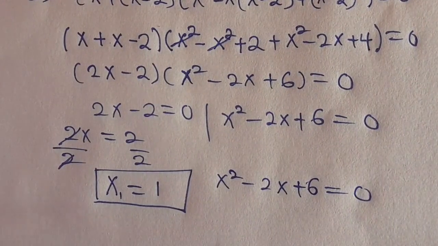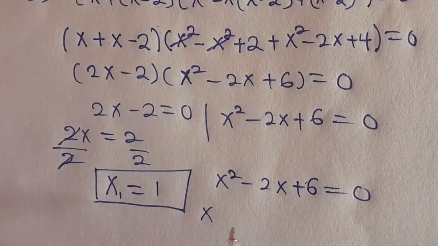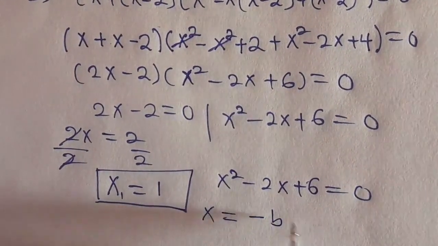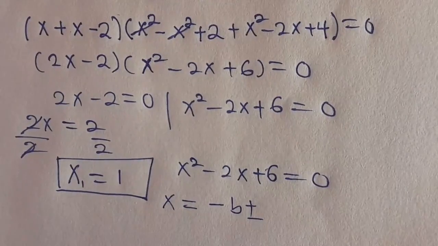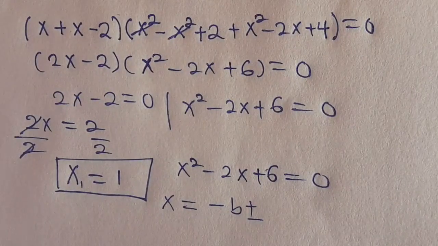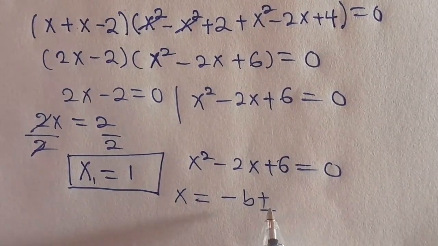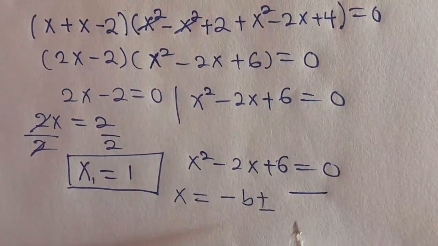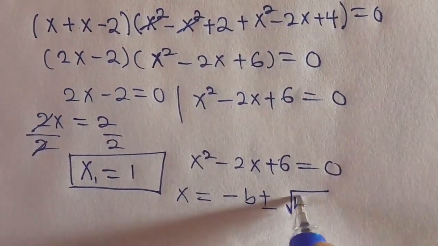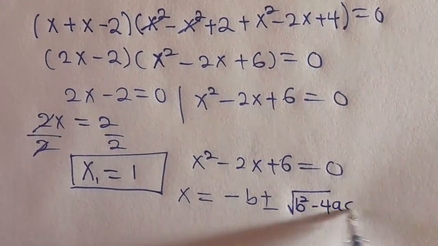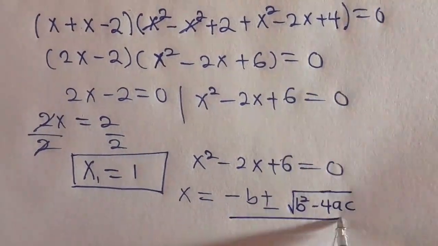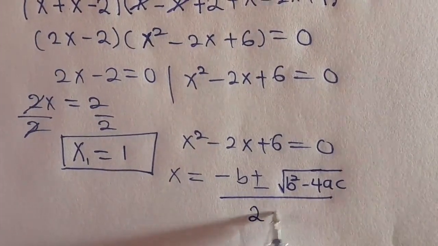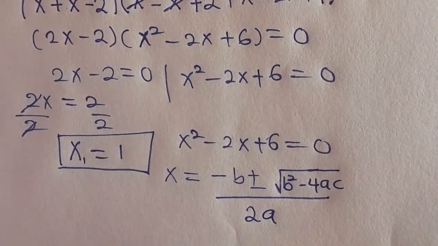So to get the value of x from here, we can use the general formula as x equals minus b, positive or negative, square root of b squared minus 4ac, then all divided by 2a.